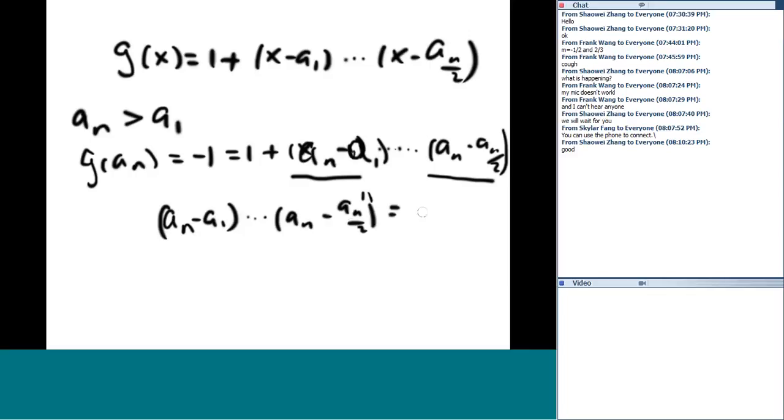It's already equal to minus 2. You take something big enough, it's going to be a problem. Rearrange the order. You see the problem?